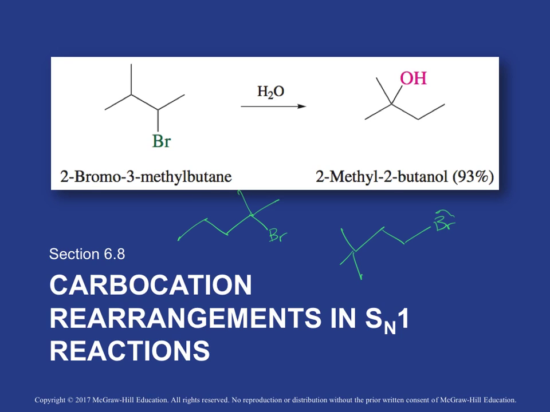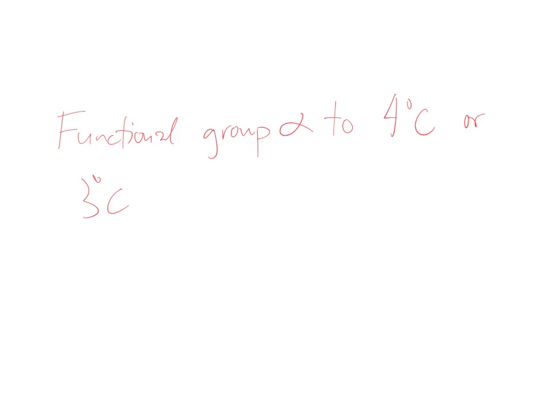So remember, anytime some examples would be if your functional group was alpha, which meant next door, was alpha to, for example, a quaternary carbon or even a tertiary carbon, you can expect those rearrangements, so shifts.